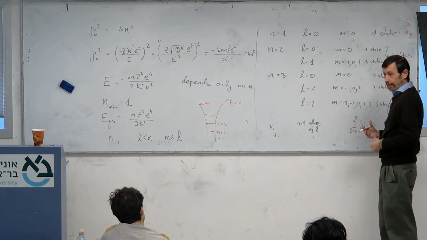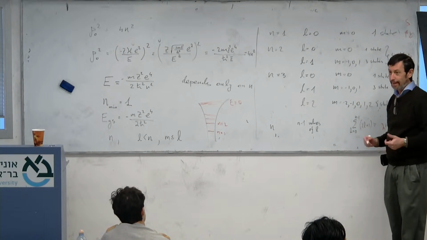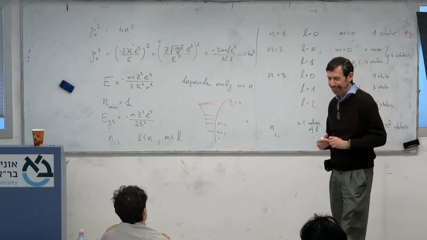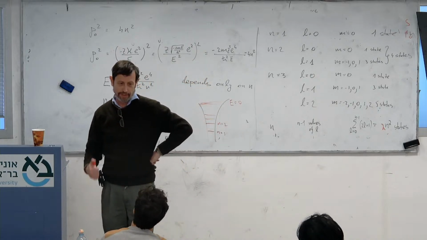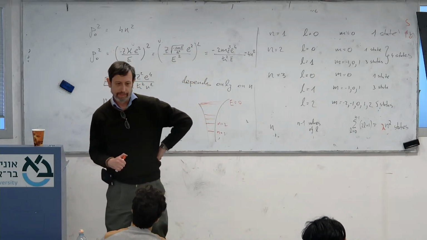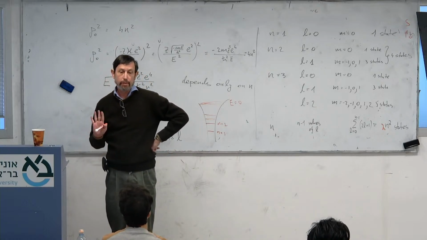So if I take this into account, I have 2 times n squared degeneracy for each state. And this builds up the periodic table.